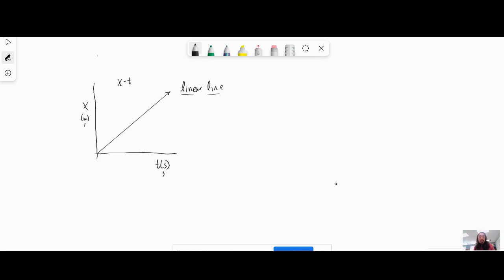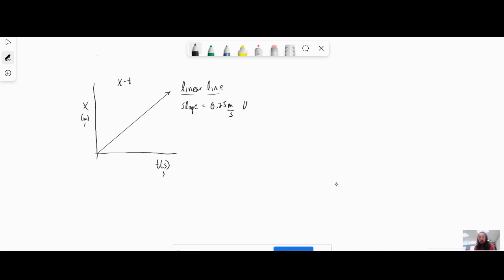One other thing that you had to find was the slope of this line. For the sake of this video, I'm just going to make up a slope. So let's say that the slope for our linear line was 0.25 meters per second. And yes, your slope values should always have units no matter what.